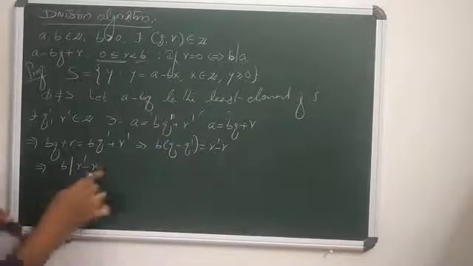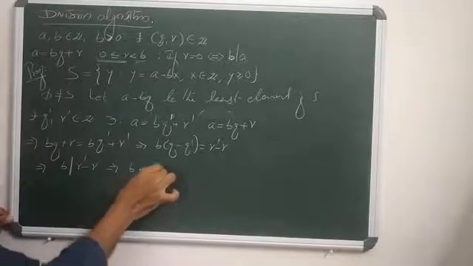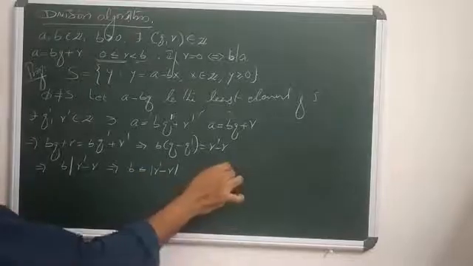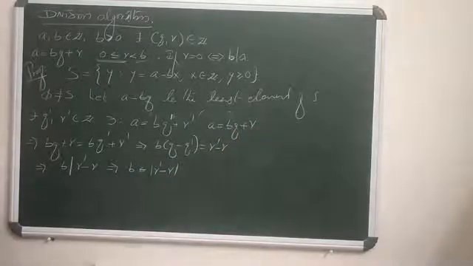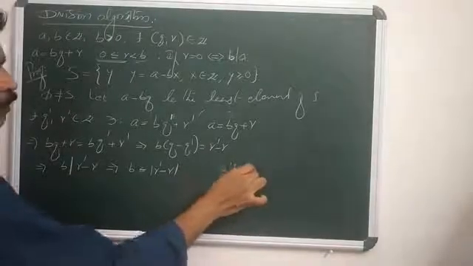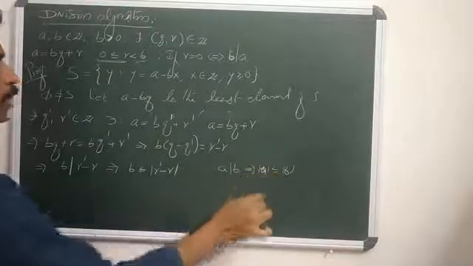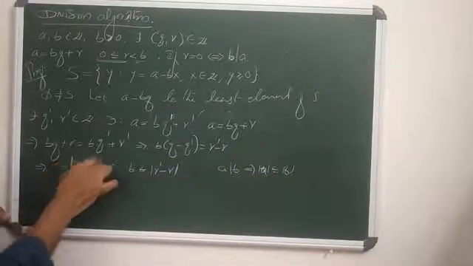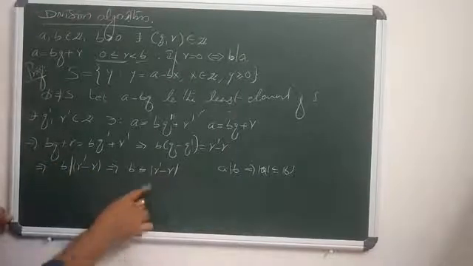Agreed. So b divides r' - r means b ≤ |r' - r|. Why? Because a divides b implies |a| ≤ |b|. So b divides r' - r means b ≤ |r' - r|, which is impossible.